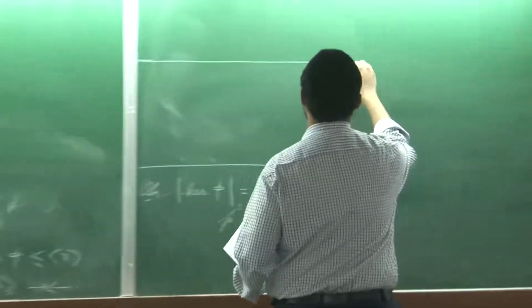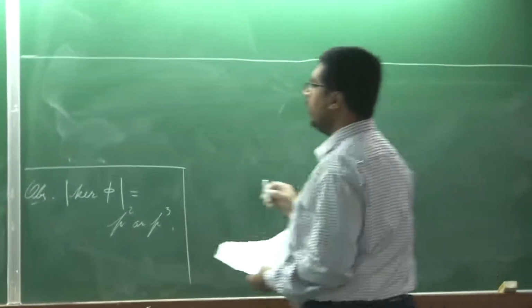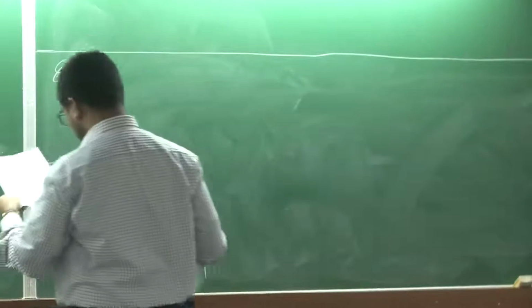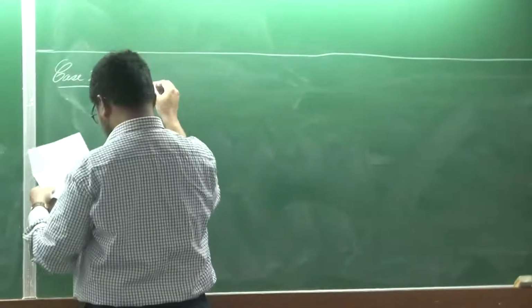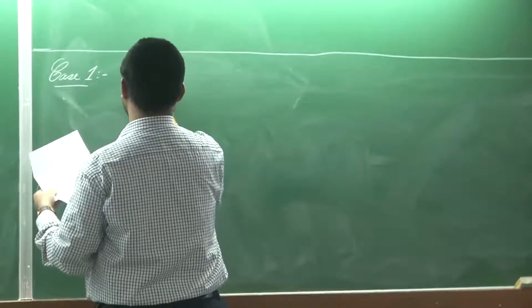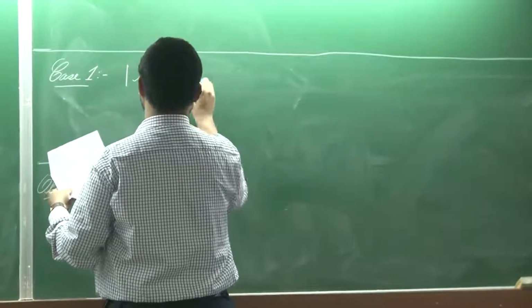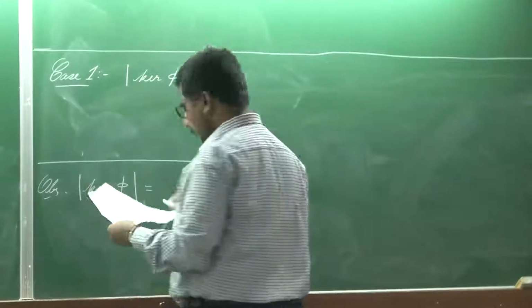So as I said, now we are left with two cases. Case 1: kernel phi is having order p square.